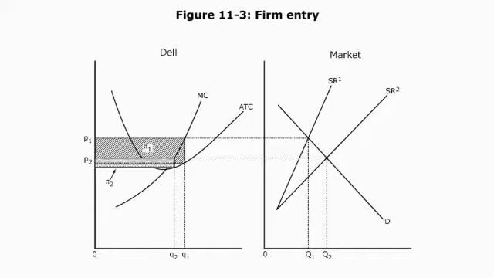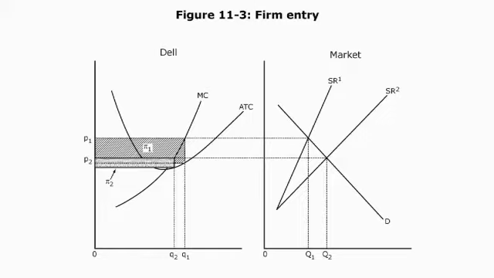So the entry of Gateway and other firms into the PC business has removed the profit from the PC business. Now note what's interesting here. Market quantity has gone up. Big Q2 is bigger than big Q1. But Dell's quantity has gone down. Little q2 is smaller than little q1. That's because more firms are in the market producing.